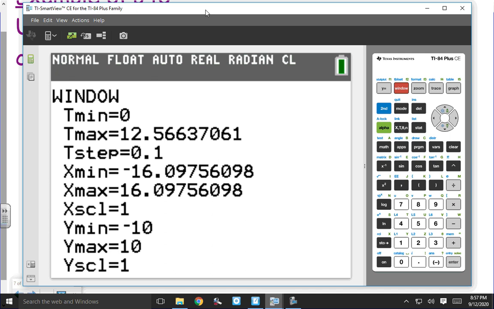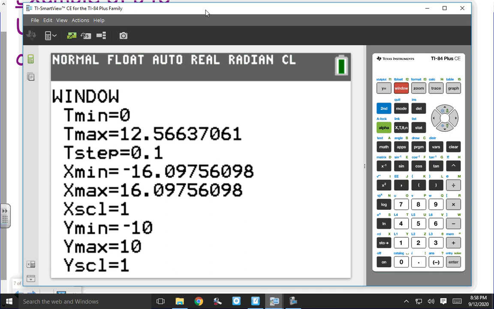When you go to your window, you'll notice your window has some different options now as well. In my window, I can change what range I want my t values to go. They said to go from -2 to 4 for this one for our x's. And since I'm saying that x is equal to t, I'm going to do the same thing here.